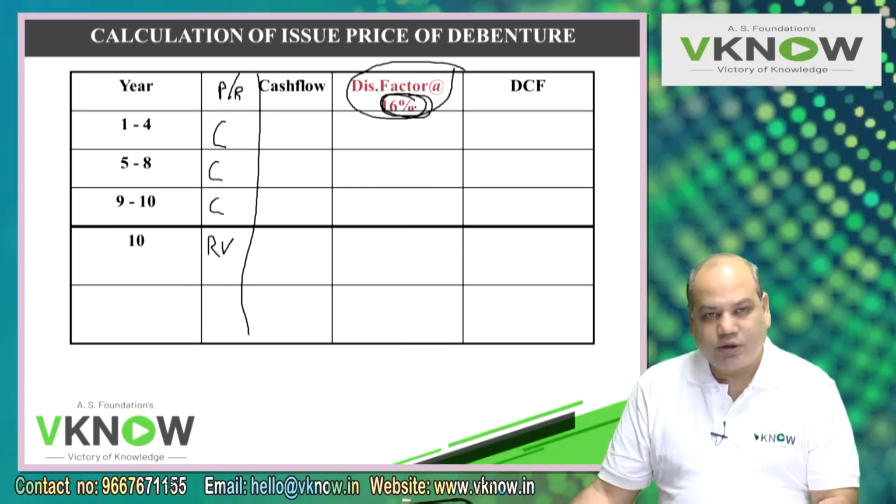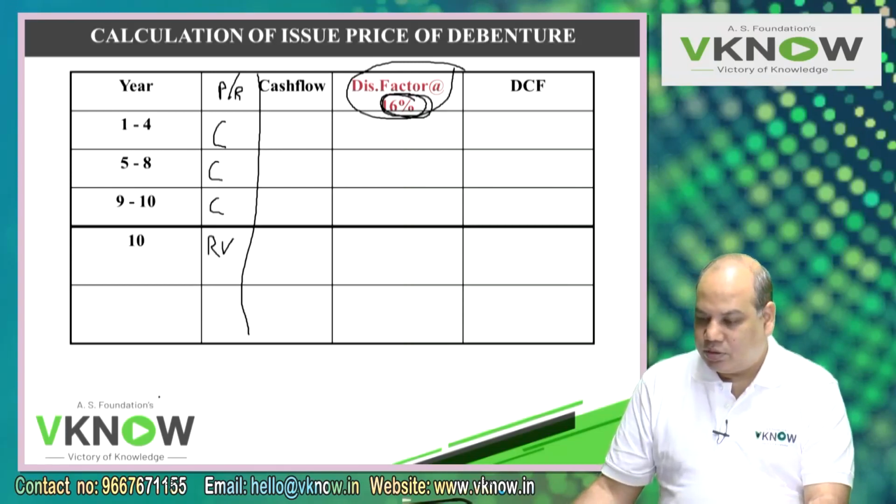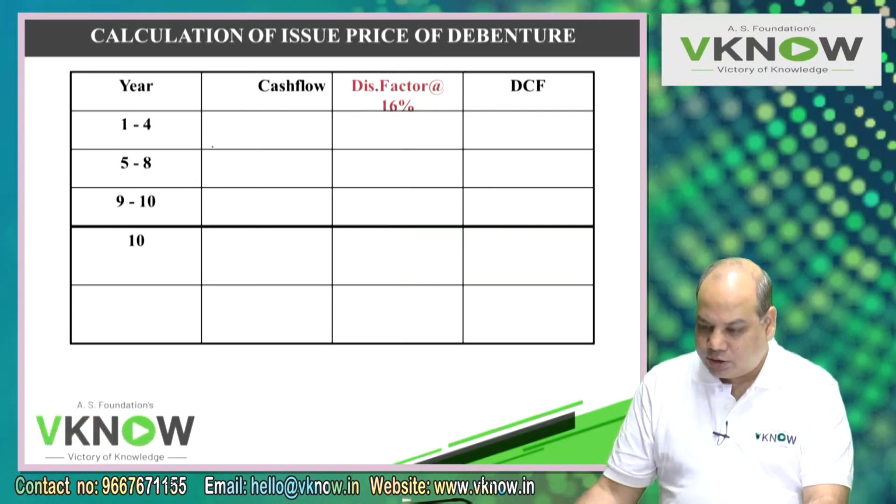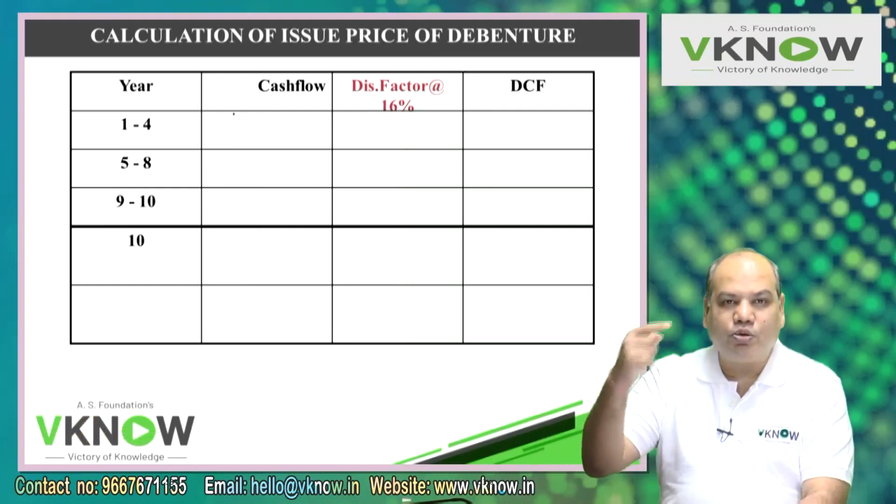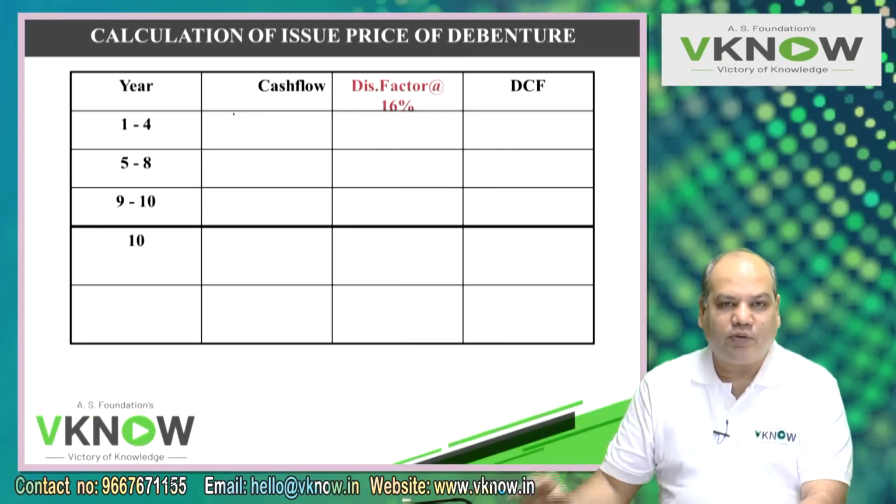Here the students make a mistake, they solve it by using 15%. Whatever comes first in the question, he uses it. And then he will suffer in the exam. So now I am going to ask you to write the cash flow. In the particular column write coupon, coupon, coupon, redemption value.